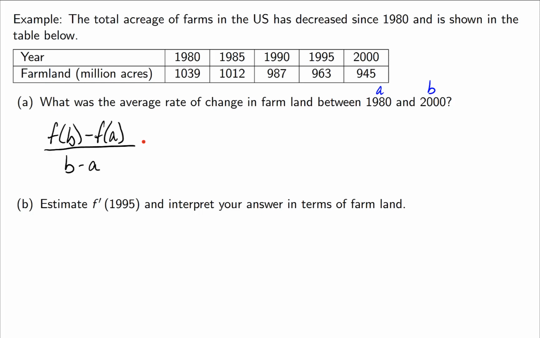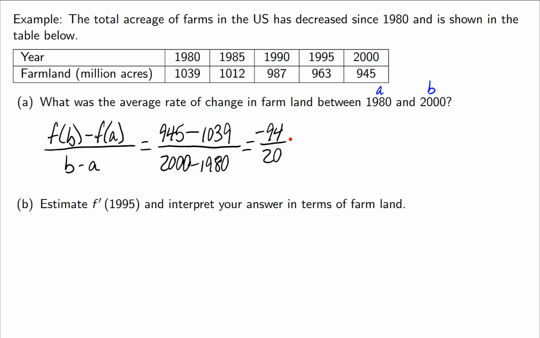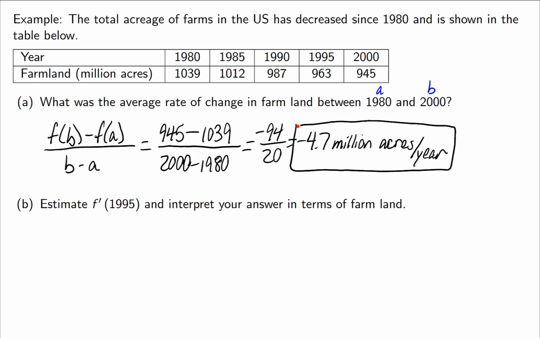And then if we do the average rate of change, we'll plug in our table values. 945 was f of 2000, minus 1039 is f of 1980, over 2000 minus 1980. If we do that, we get -94 over 20, which is equal to -4.7 million acres per year. That's the average rate of change.